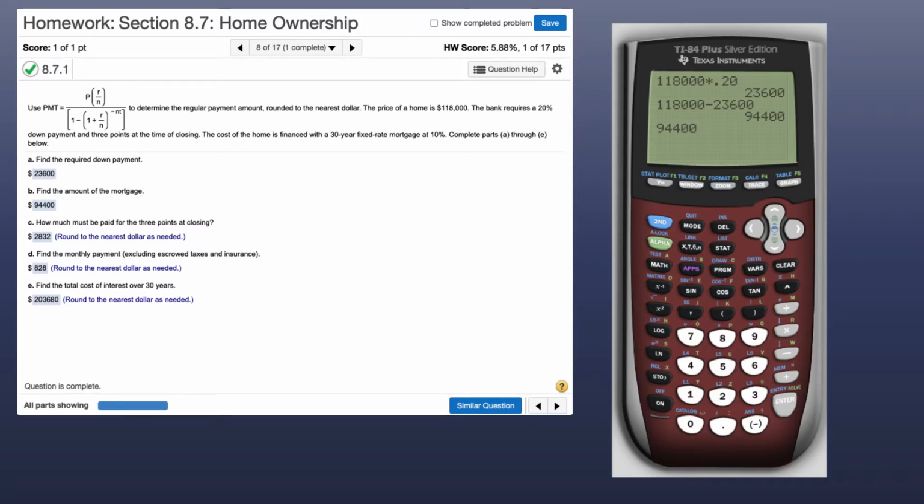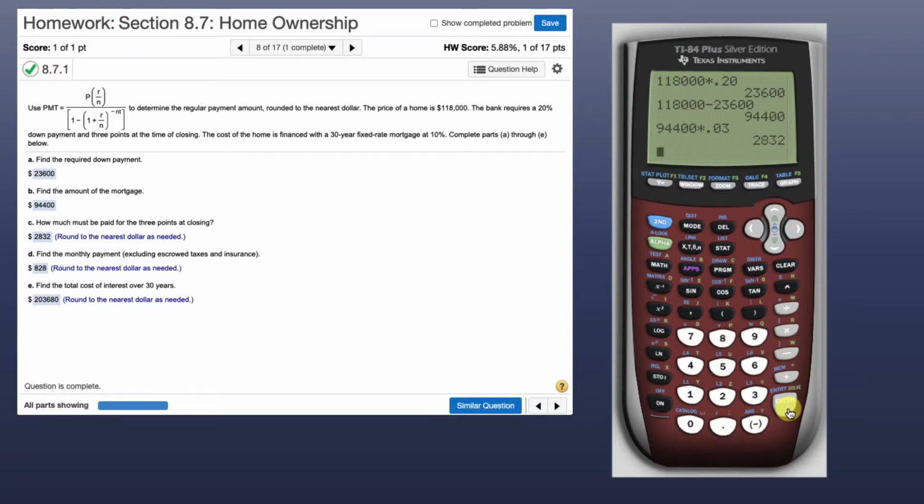So 94,400, and then we'll take it times the 3%, or 3 points. And so there's my closing cost, $2,832 for those 3 points. Okay, so that's how you do closing costs. So remember, that gets applied to what you borrowed, the loan amount, not the total.